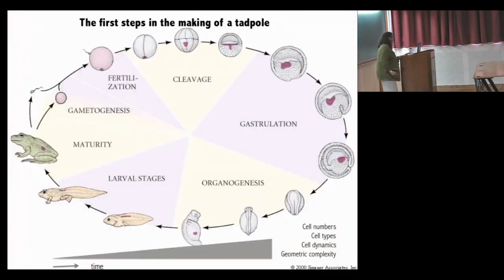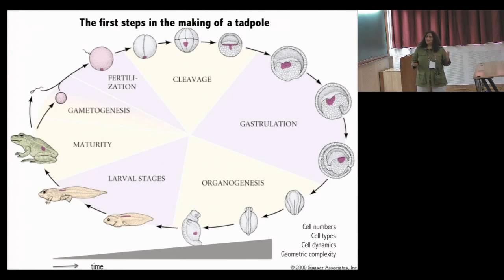So a question, and this is true whether you look at the embryo of a human or the stages in the making of a frog, which many of you would have seen in a pond, or at least many of you would have seen tadpoles in a pond becoming frogs and eggs of frogs in a pond and so on. So some aspects of morphogenesis, therefore, appear to be conserved.